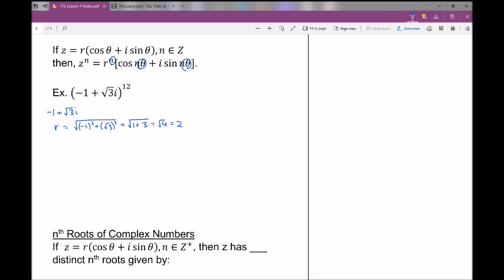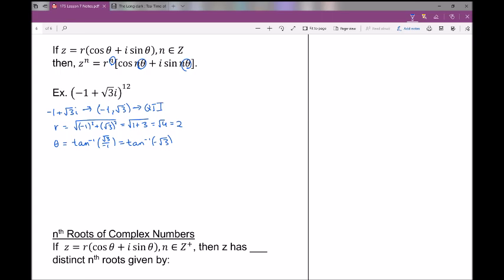And to find the argument, we just need to do the tan inverse. So we have the tan inverse of the square root of 3 over negative 1. So tan inverse of negative root 3. Now, again, remember I said figuring out what quadrant this is in is important. So if this is the point negative 1, square root of 3, we know that this is going to fall in quadrant 2, because the x-coordinate is negative and the y-coordinate is positive.